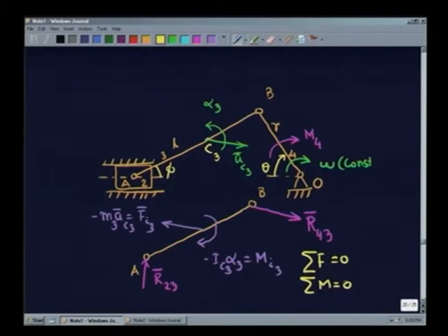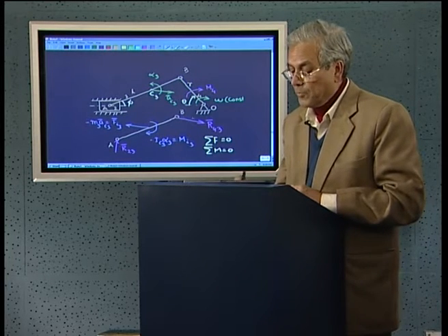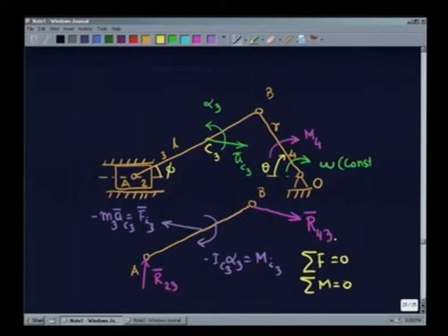That is the condition. Now, since the magnitude and direction of this force are both unknown, the problem cannot be solved directly. If we take moment about this point A, the moments of the known quantities are known, but the moment of this force, which has to exactly cancel the total effect, has two unknown quantities, its direction and magnitude, so it cannot be solved.